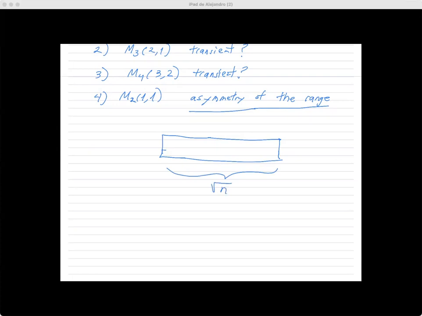But the vertical movement, the number of steps you make vertically is equal to the cardinality of the range. So let me call Rn the range, and little Rn its cardinality.